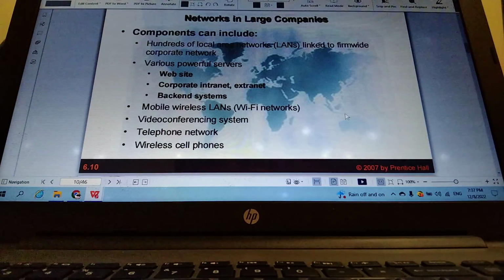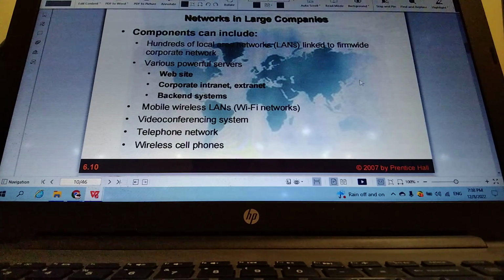A network in a large company, we call it a local area network, or there are some other terms, such as metropolitan area network, which covers the entire city, or we might cover later what we call wide area network, WAN. Hundreds of local area networks, hundreds of plants linked to a firm-wide corporate network, which is known as a large company's network.